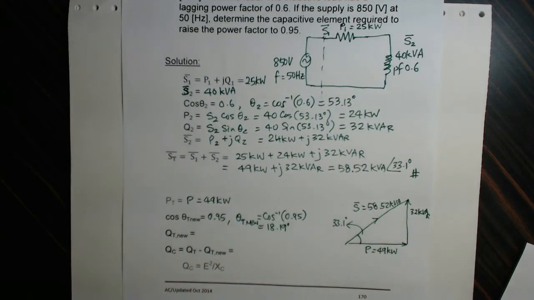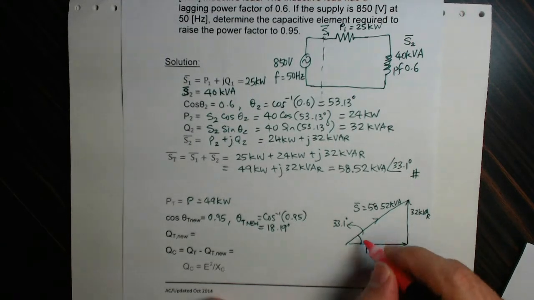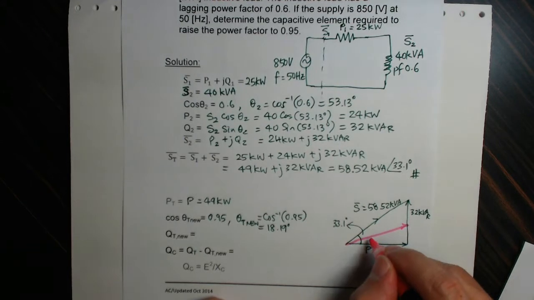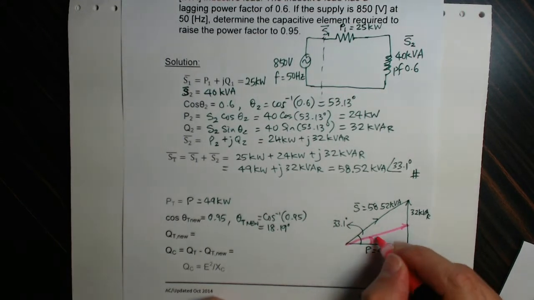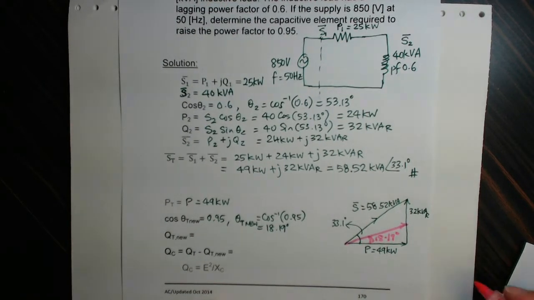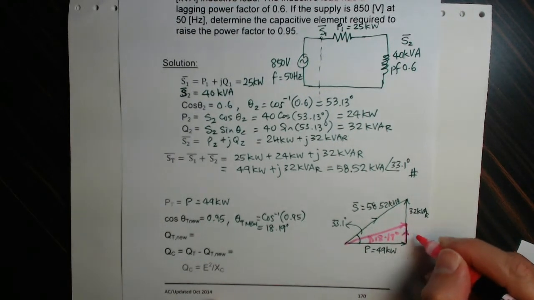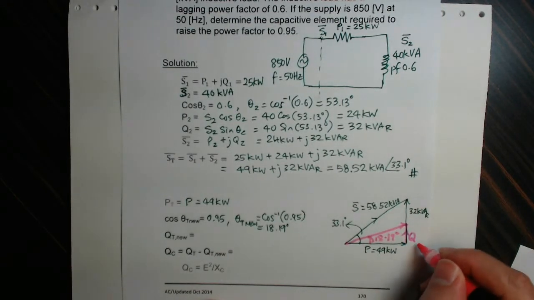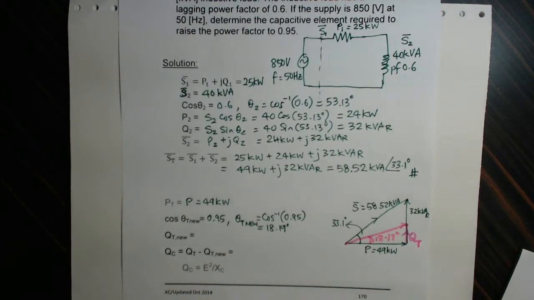So in other words, I want to now create a new power triangle where this angle is just 18.19 degrees. So I will only need a Q that much.